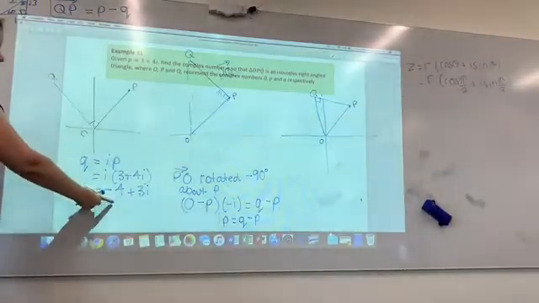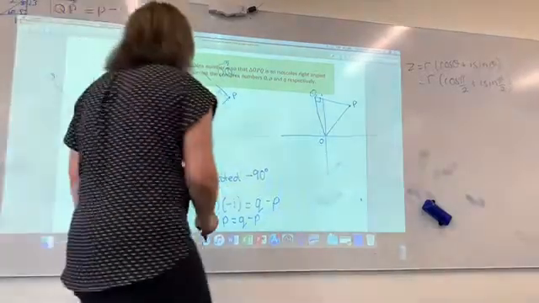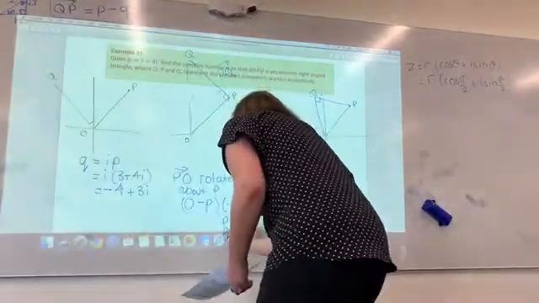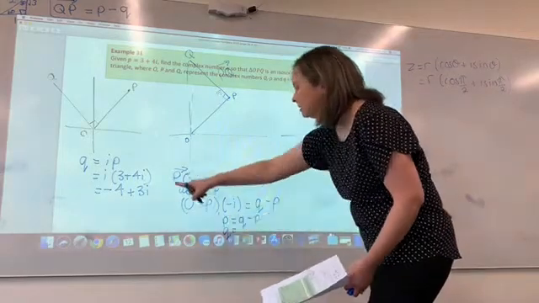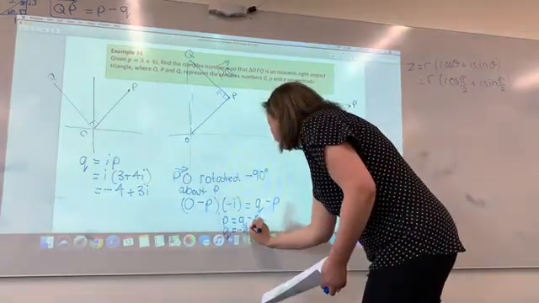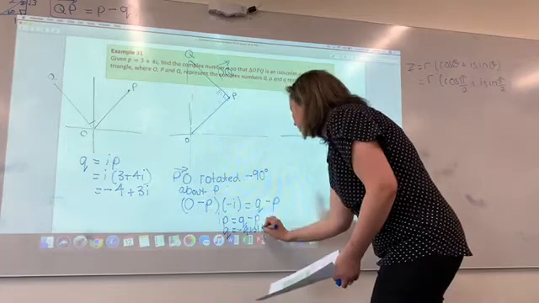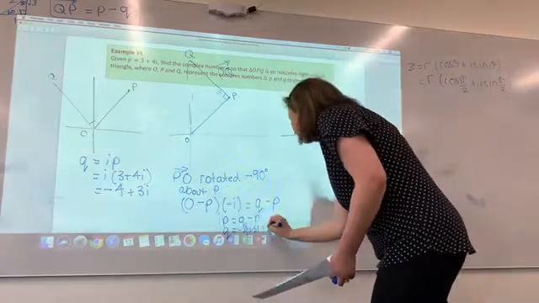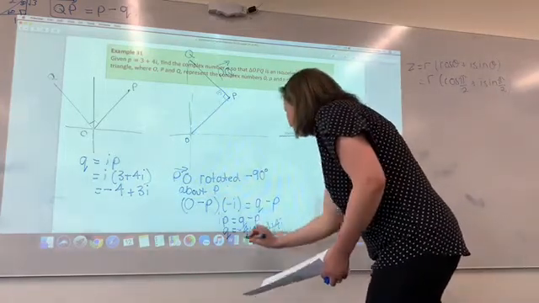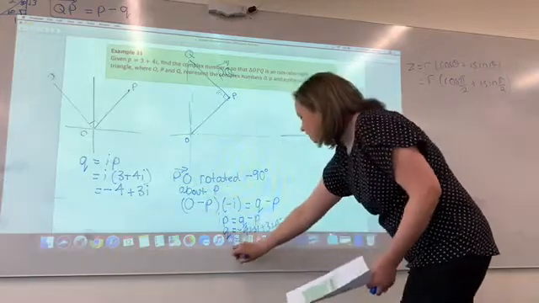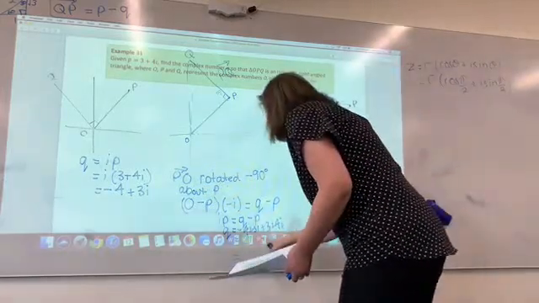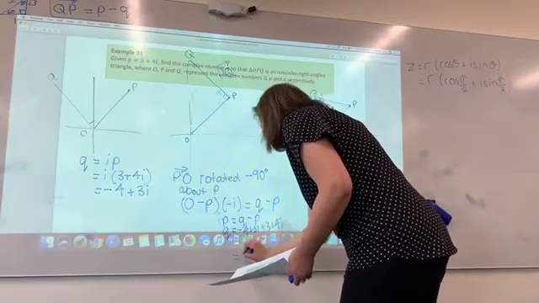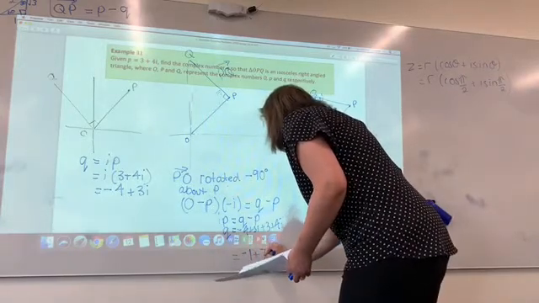Now IP we already worked out down here. So Q will be equal to IP plus P. So minus 4 plus 3I plus whatever P was, 3 plus 4I. So I'll write it down there. Minus 4 plus 3 is minus 1 plus 7I.